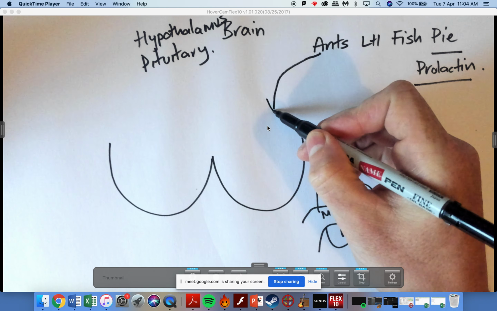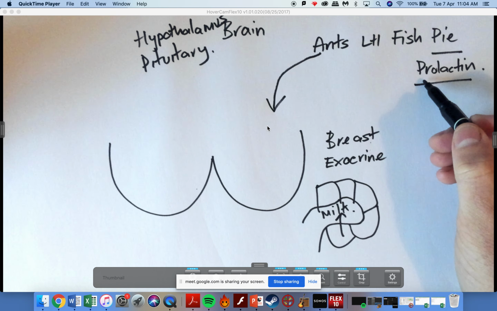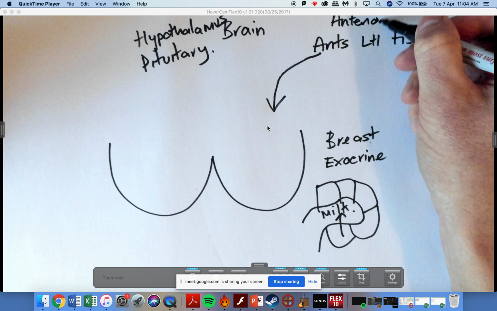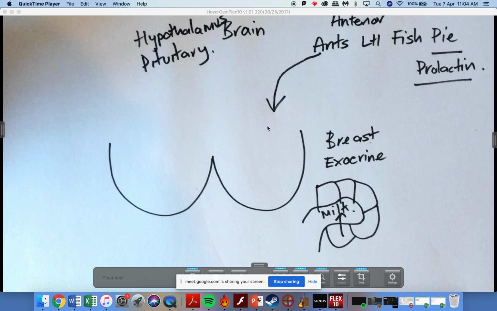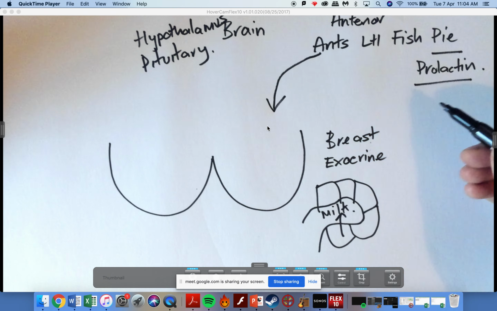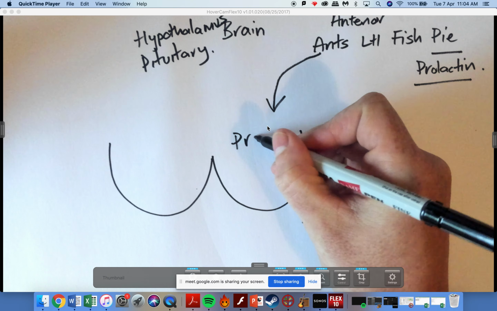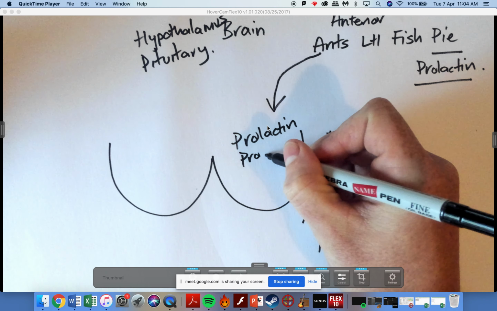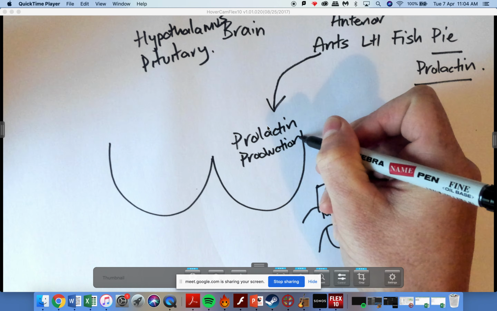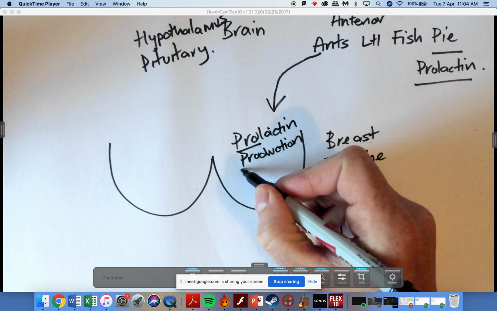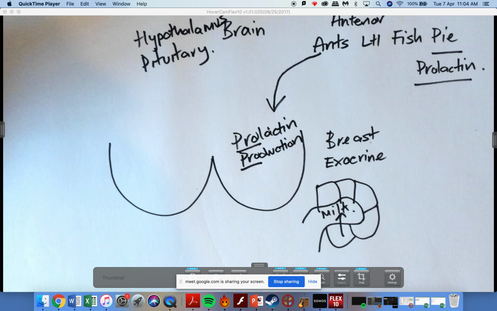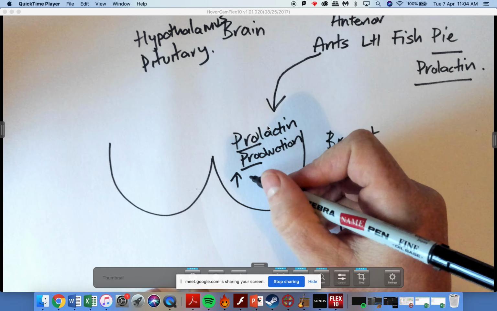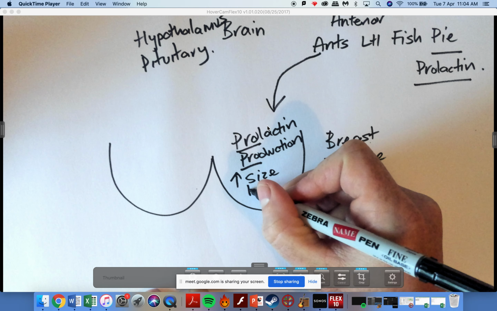Prolactin is going to be released into the blood by the anterior pituitary. The way I try and remember it is prolactin is about production. Prolactin is for production, and to help produce, it's going to increase the size of breasts.